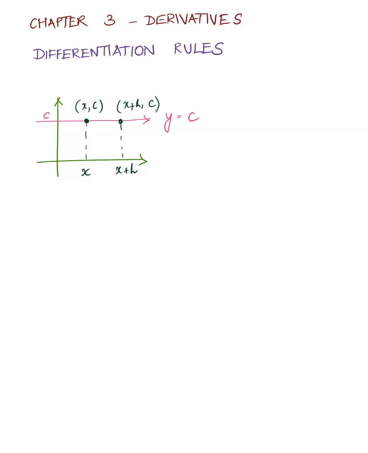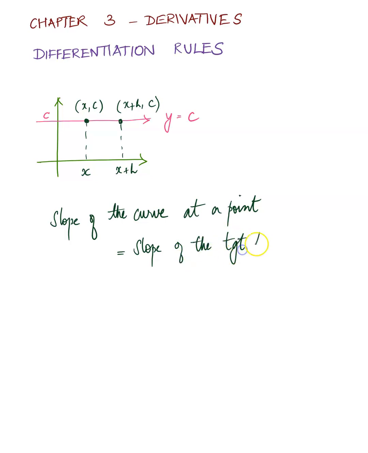And we also see that because it's a horizontal line, the slope of this horizontal line is 0, because we know that the slope of the curve at a point is the same as the slope of the tangent line at that point.